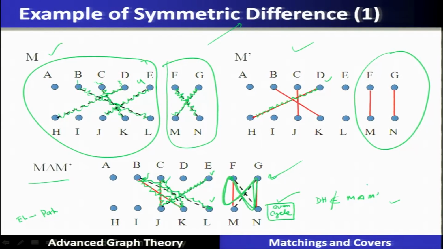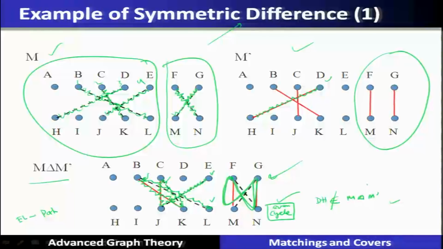So, when we take a symmetric difference of two matchings, it will break into either even cycles or paths, or maybe both. Here in this case, both an even cycle as well as an even path appear.